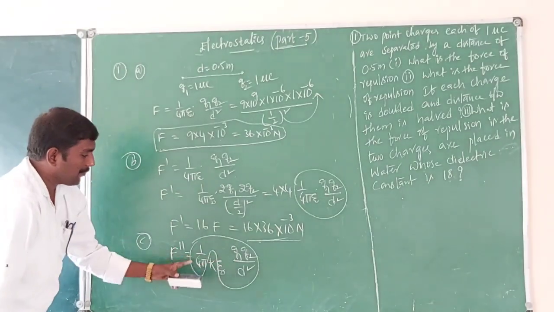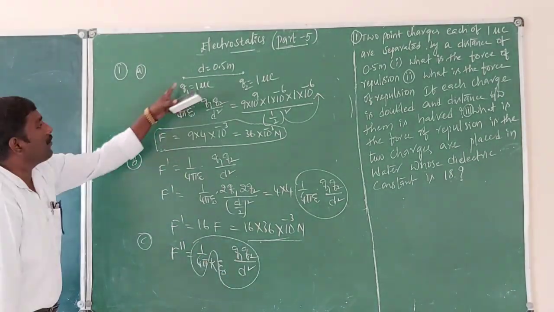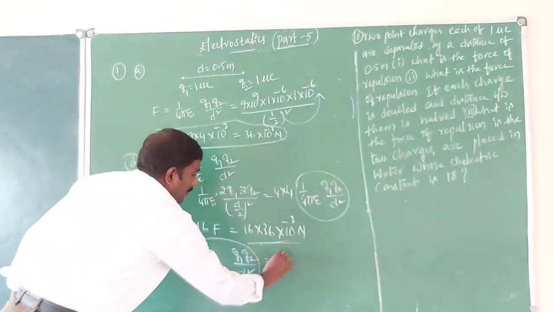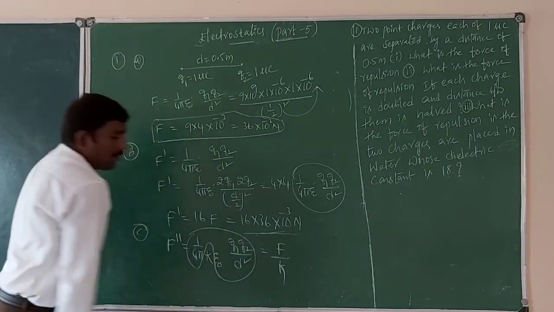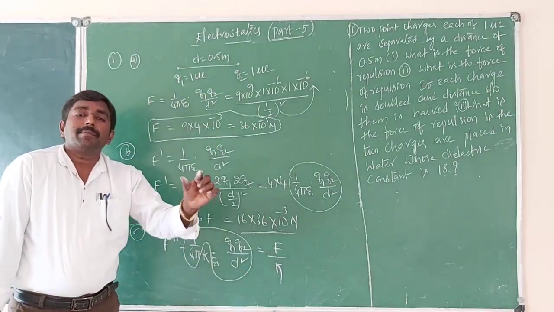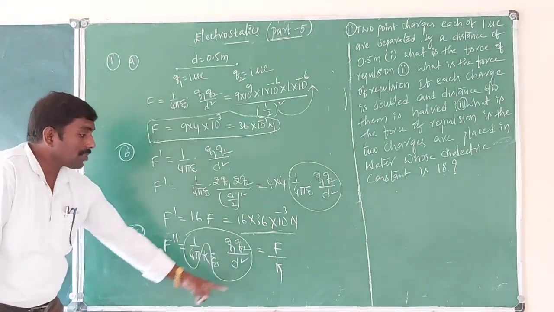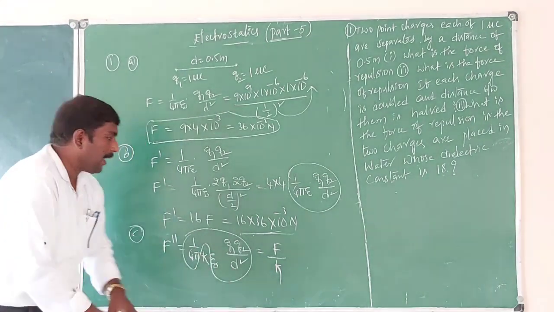That is, 1 by 4 pi epsilon naught Q1 Q2 by d square means F by K. Whenever these two charges are kept under water, force decreases by K times. Force decreases by K times.